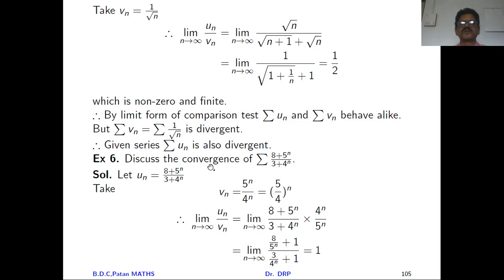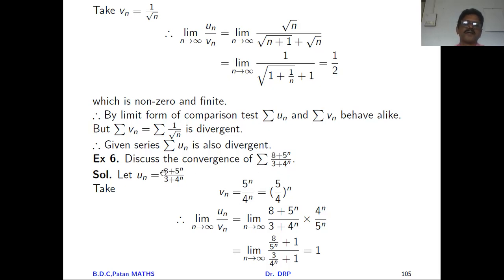Now we will proceed towards another example: discuss the convergence of summation 8 plus 5 raised to n divided by 3 plus 4 raised to n. So first of all, similar to example number 1 from today's lecture, that is example number 5, first you write let summation un equal to summation 8 plus 5 raised to n divided by 3 plus 4 raised to n.